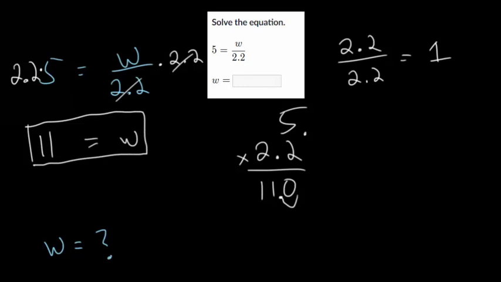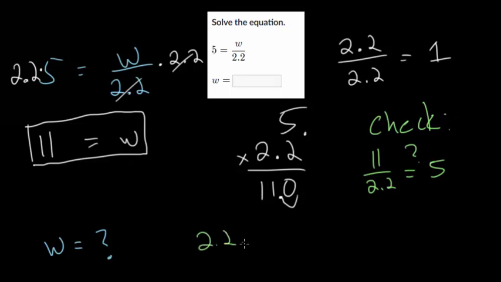And let's double check this. Make sure we did this right. We know that if we take w and we divide it by 2.2, we should get back to 5. So we will check off to the side. You want to do this on every problem. So is it true that 11 over 2.2 equals 5? We have to do our long division here.